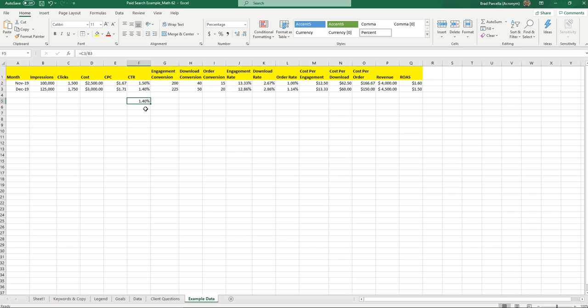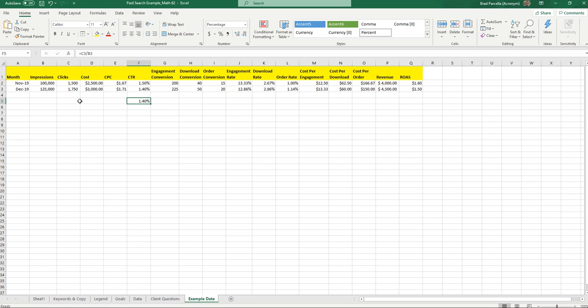It's a really important metric because this really tells you how relevant you're being, right? If you have more clicks or a higher click-through rate, that means that your ads are more relevant and the searchers are finding you more relevant, so they're clicking on you more often.